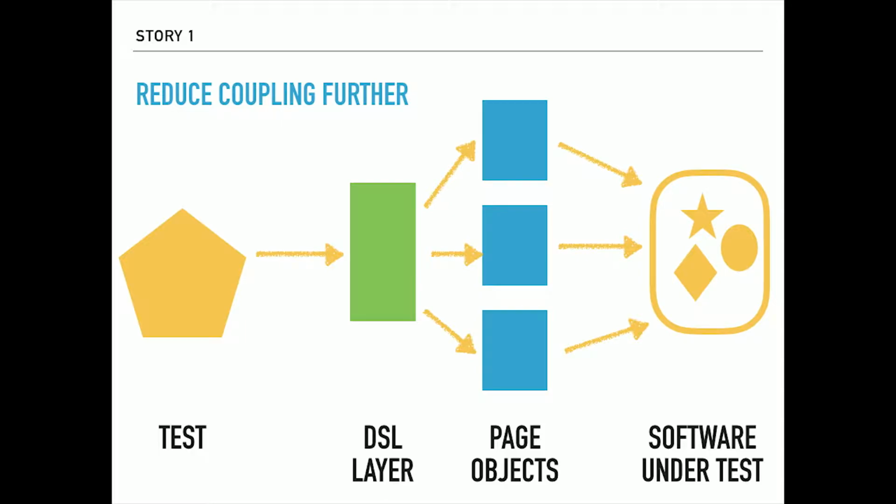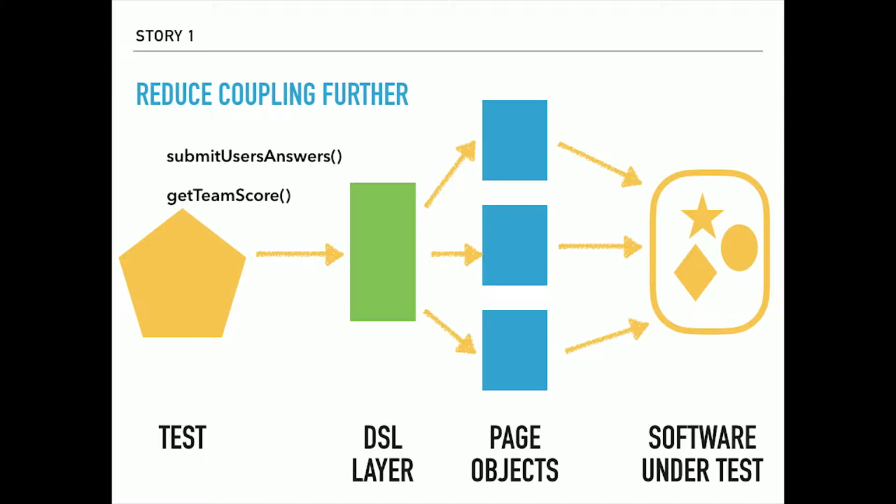So we can reduce coupling further by putting another layer between the tests and the page objects. I've called this the DSL, the domain-specific language layer. And here, this is talking in the language of whatever business domain we're working with. So it might be talking in terms of, we're submitting a user's answers, we're getting the test scores.